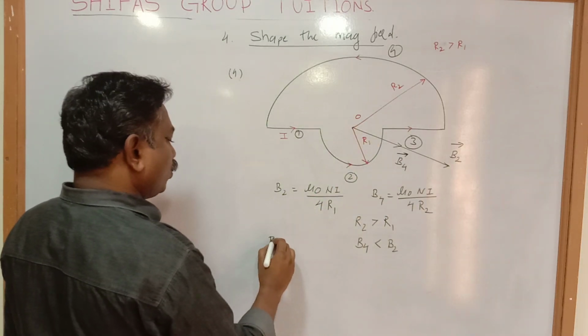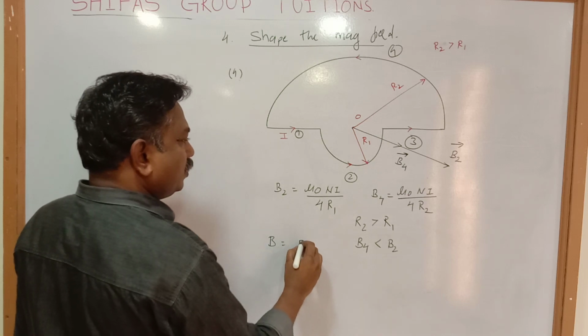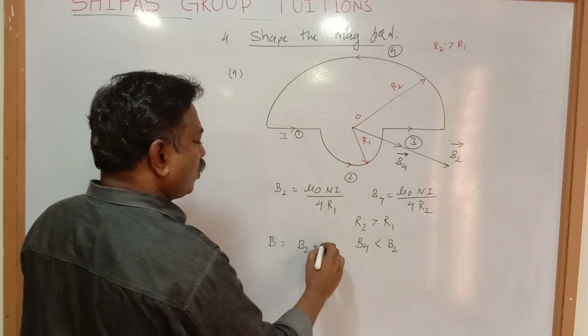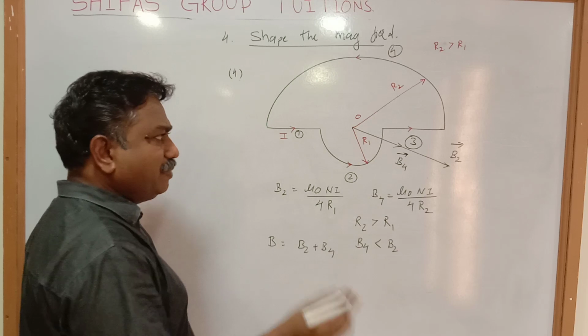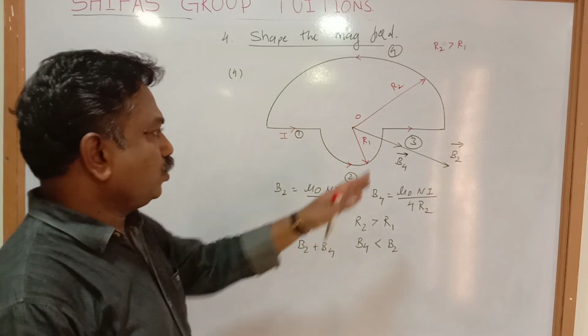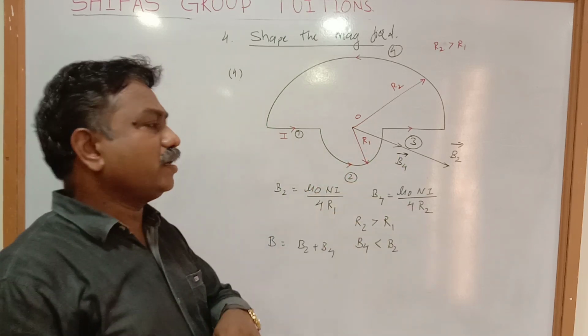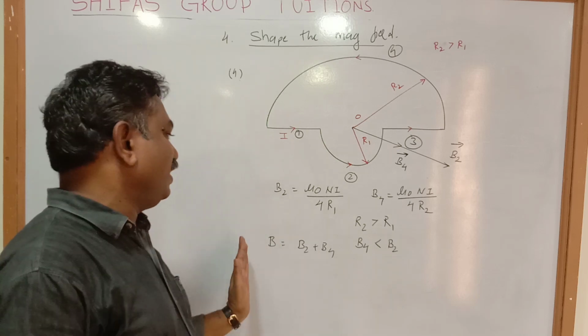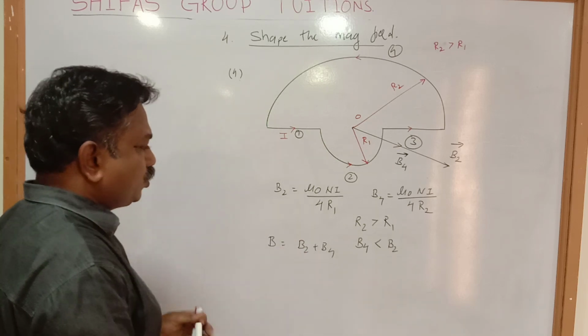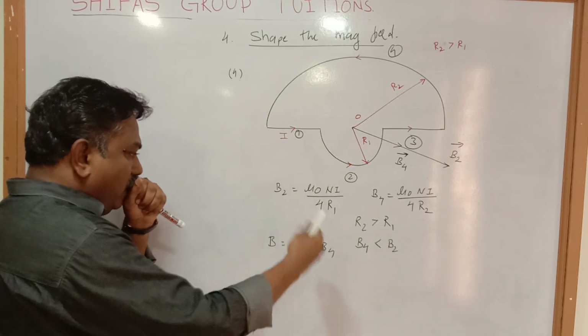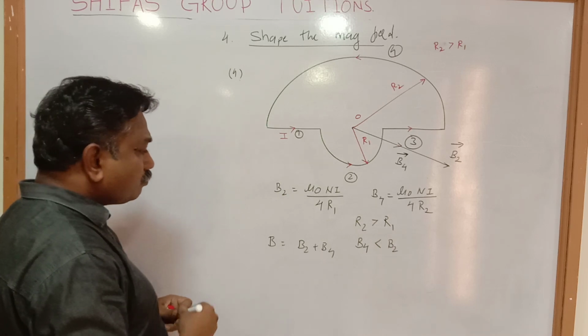So I will write the total magnetic field as B2 plus B4, as they are in the same direction. There is no need to decide which is greater, because they add up very easily, and we do not need to think much about signs and i, j, k.